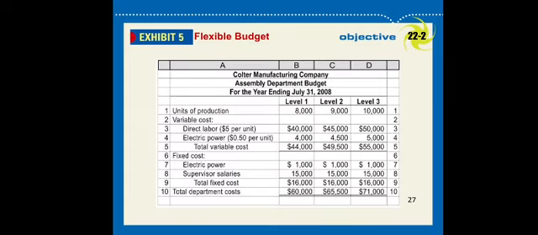So this is an example of a flexible budget. When you prepare a flexible budget, you prepare the budget for several levels of activity or quantity of production. Here the example is level 1 is 8,000 units of production, level 2 is 9,000 units of product, level 3 is 10,000 units of product.